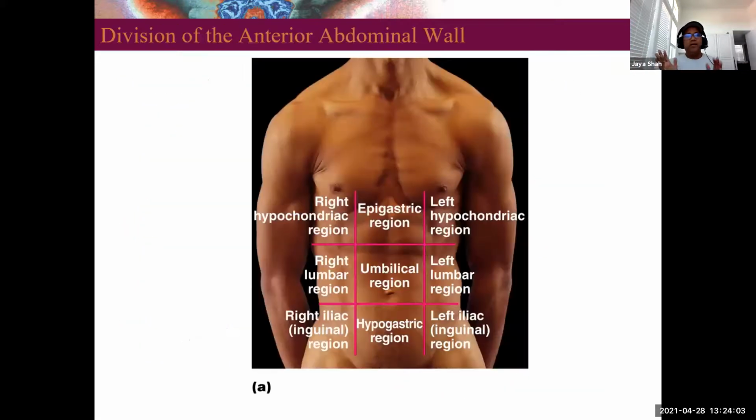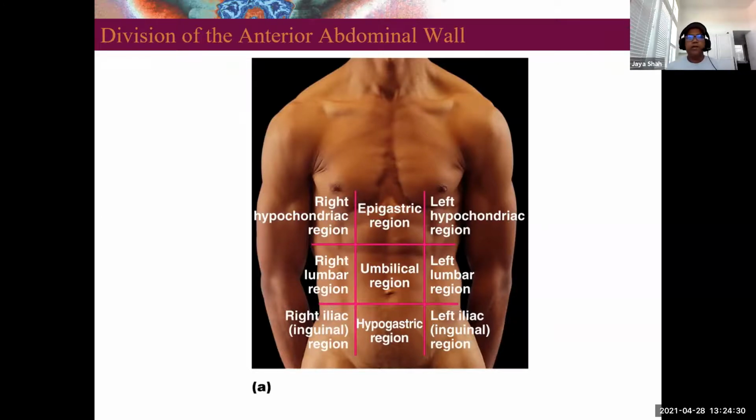Okay, to understand exactly where the intestinal organs are located, we divide our anterior abdominal wall into 9 regions. Do you know when you play tic-tac-toe, you have 9 squares?